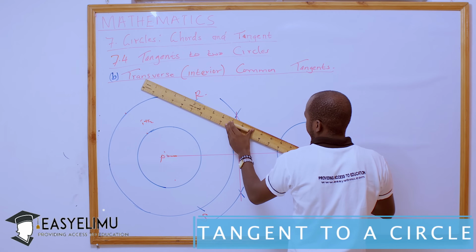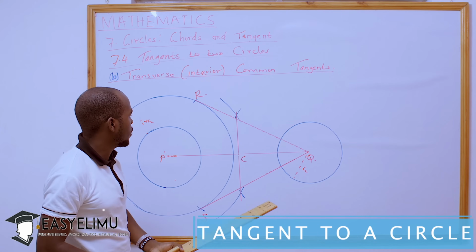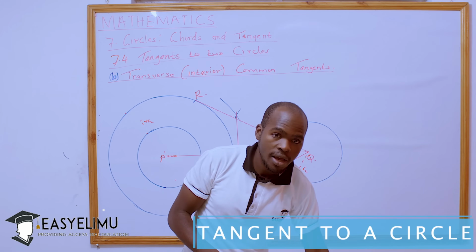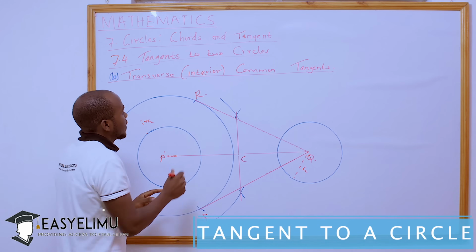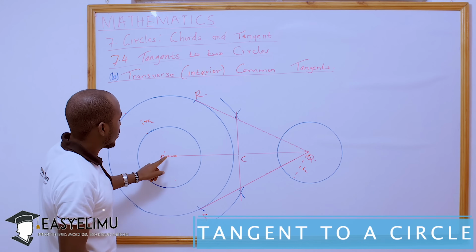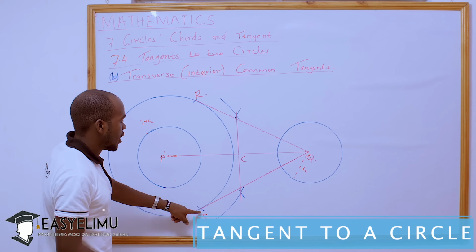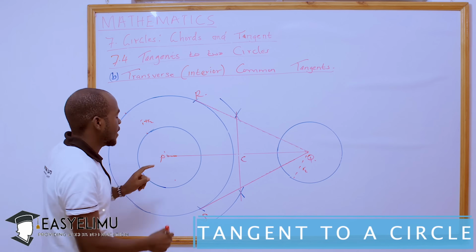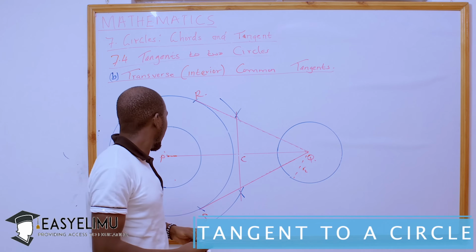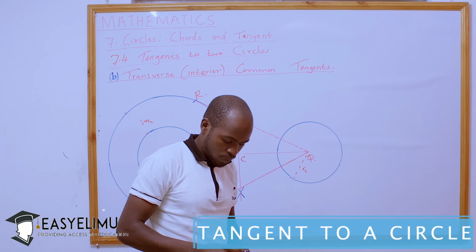We are going to have those two points, R and S. Draw a line which touches the arc where the two lines are joining and to the center here, so as to find the radius which we are referring to as R1 plus R2.